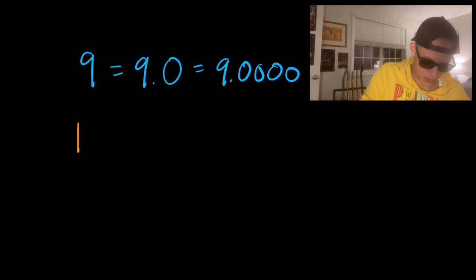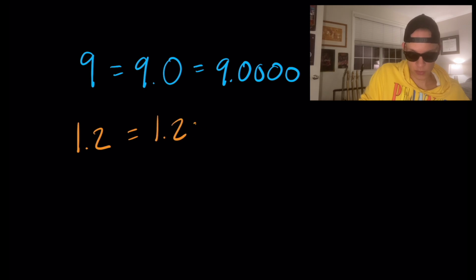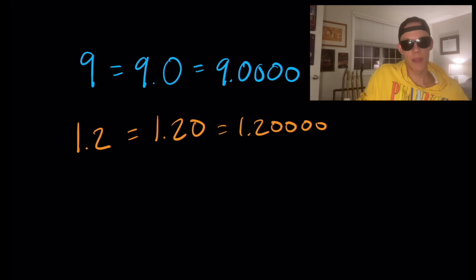If I had 1.2, that's like saying 1.20 or 1.200000. Adding zeros to the right of your last significant digit, to the right of the decimal, doesn't change the value. So it's just another way to express decimal numbers.